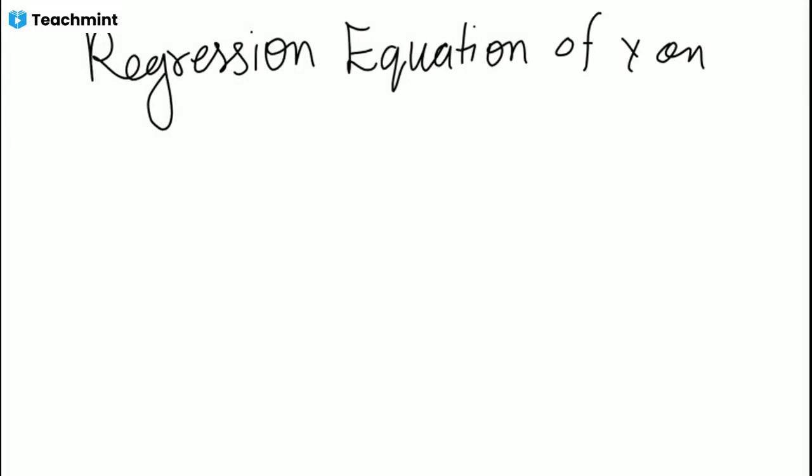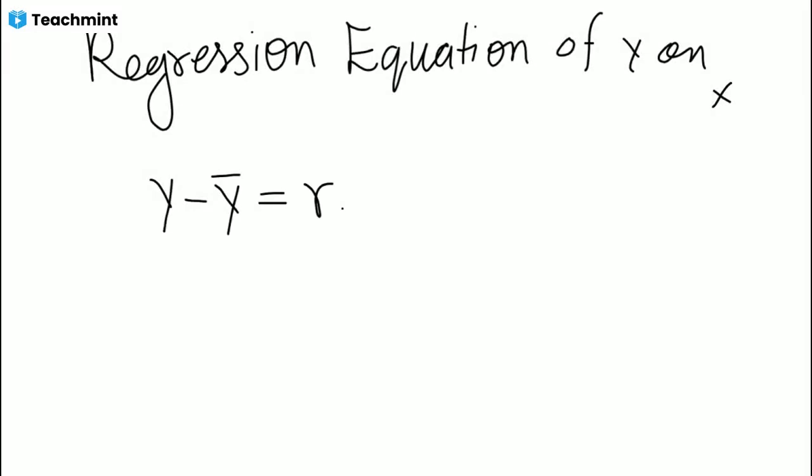Then you can find the regression equation of y on x: y minus y bar is equal to r, the correlation coefficient, into standard deviation of x over standard deviation of y into x minus x bar.